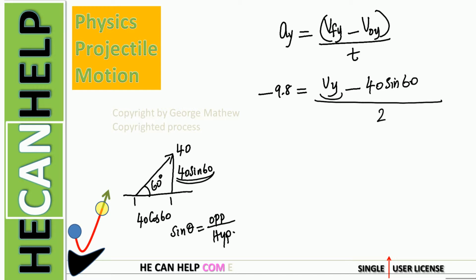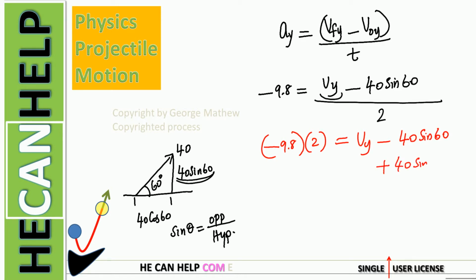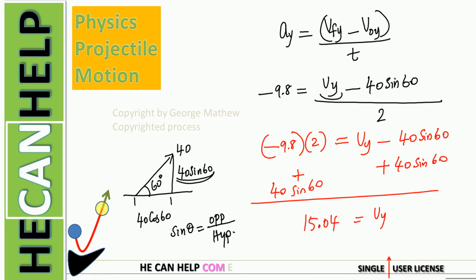You cross multiply, and so you get negative 9.8 times 2 is equal to Vy minus 40 sine 60. Add 40 sine 60 to both sides. And what do we get for the y component? You get 15.04.